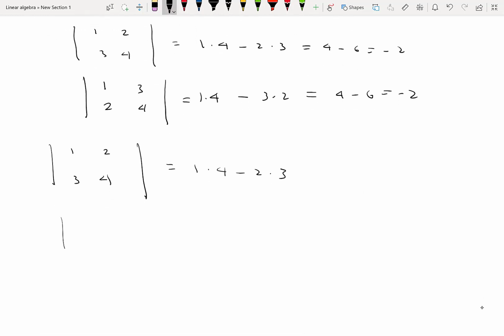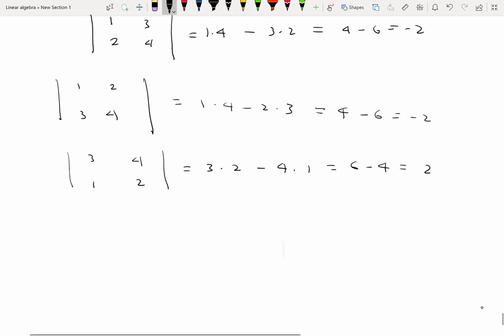Now suppose we interchange the two rows, 3, 4, 1, 2. The new determinant is 3 times 2 minus 4 times 1. This is just a reversal of the sum. The first is 4 minus 6, which is negative 2. The second is 6 minus 4, which is positive 2. So this sort of gives us a beginning to Theorem 1.20.